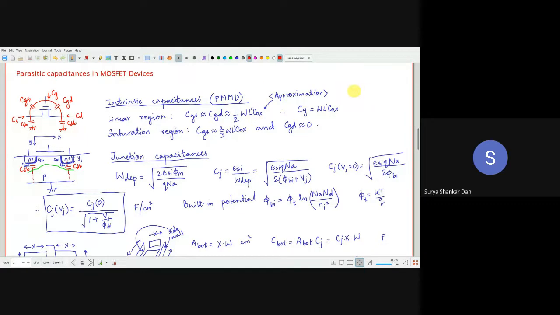But what you have to just keep in mind is that these are intrinsic capacitances. There is a mistake I have noticed, that people consider intrinsic capacitance to be part of the parasitics. Actually, no. Intrinsic capacitances are internal to the MOSFETs, basically given by CGS and CGD, as you can see.